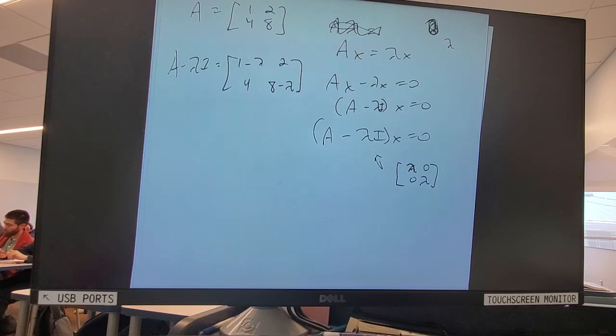And you guys are looking like, me too, Jeff. If the determinant of that matrix is 0, that leaves the door open for the null space to have actual entries in it besides 0. So then I get the eigenvectors that go with eigenvalues. Can you take a minute and just figure out what the determinant of A minus lambda I is?